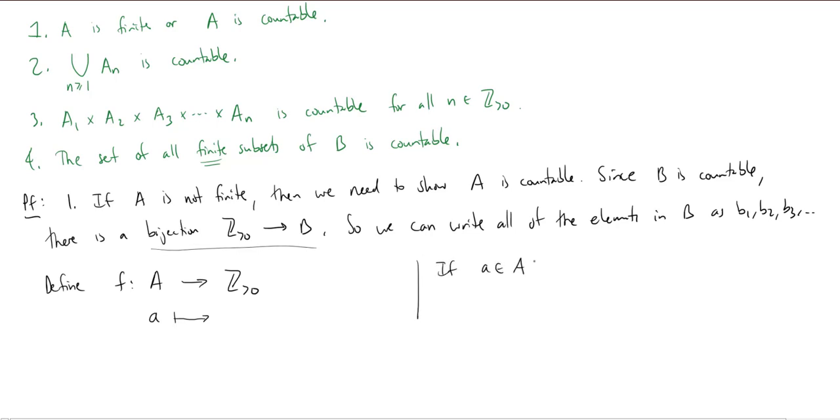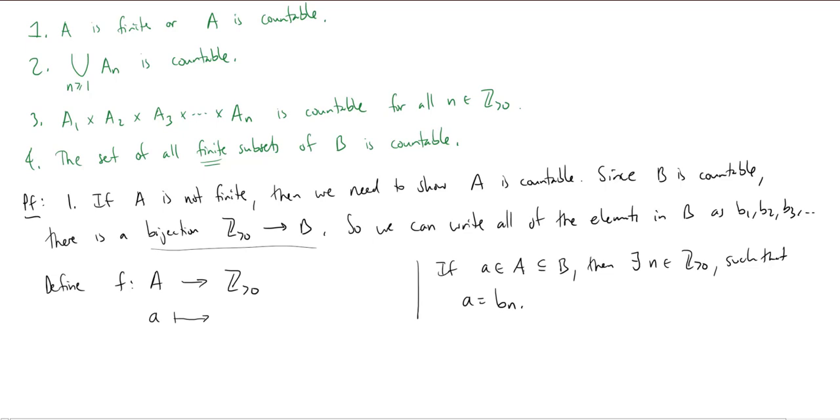Well, if a is in A, well, we know A is a subset of B. And everything in B looks like b1, b2, b3, etc. So then we know there exists some positive integer n such that a is equal to b sub n, right?